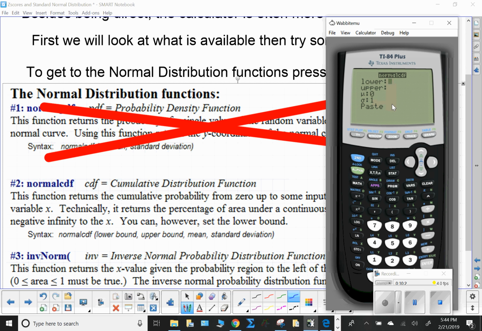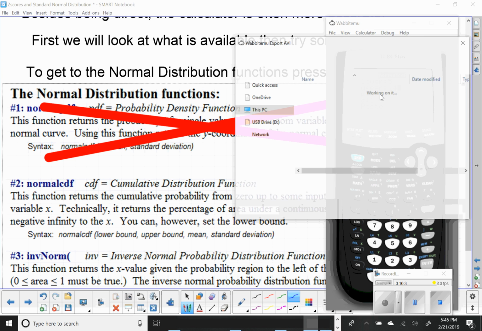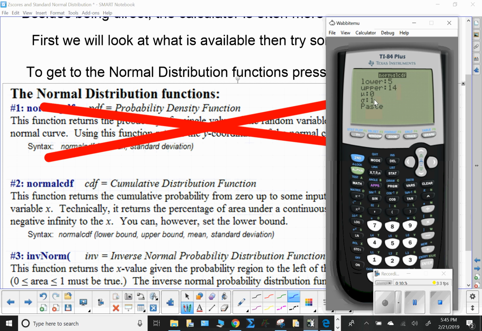So if I were to say that something had a lower bound of 5, an upper bound of 14, a mean of 9 and a standard deviation of 2.6. When I come down here and I paste it, it puts it into this whole command.